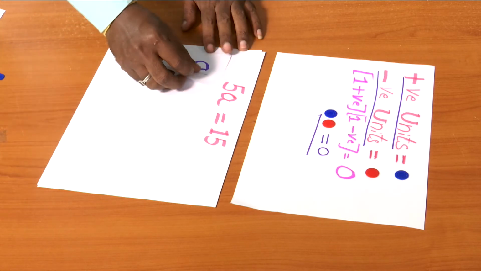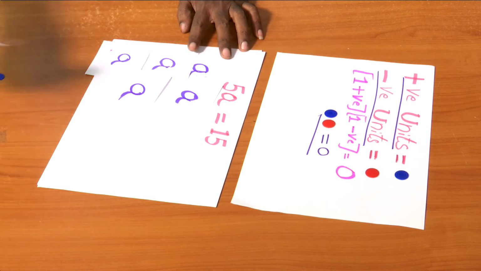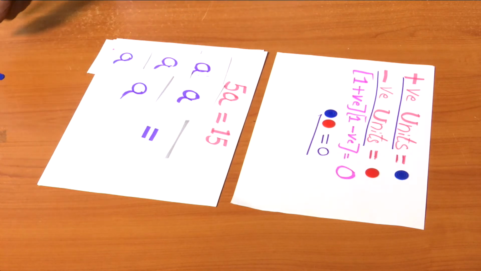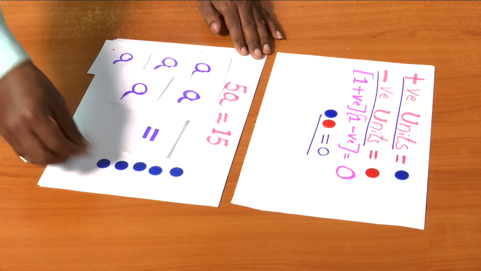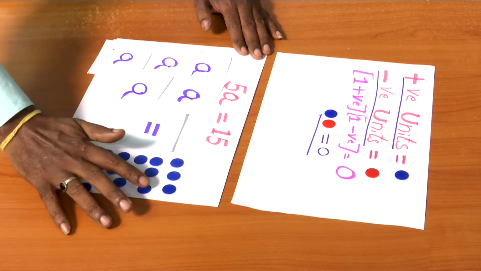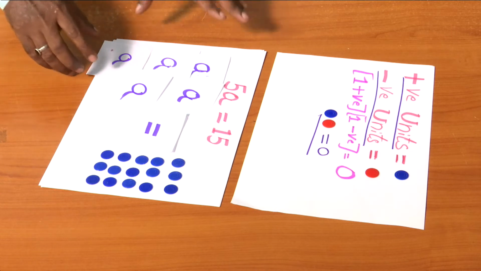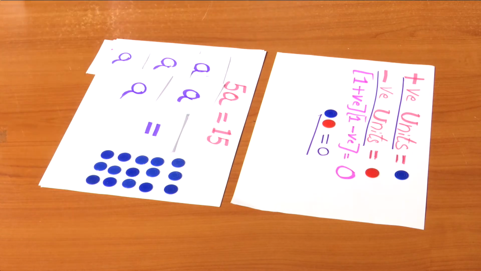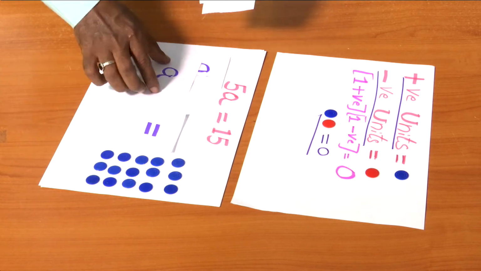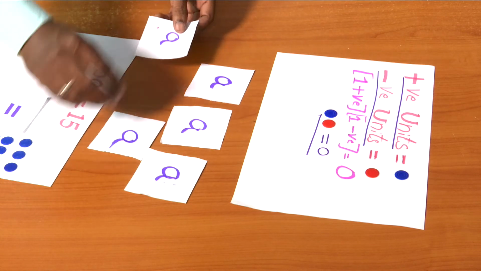Next, 5a is equal to 15. 5a, how many a's? 5. Here 5a is equal to 15. How many a's are here? 5 a's. Therefore, in 5a, when multiplication is done, we divide the given into 5 parts. 1, 2, 3, 4, 5.